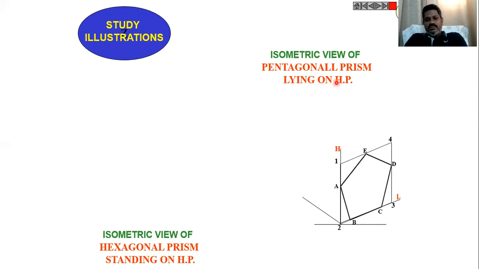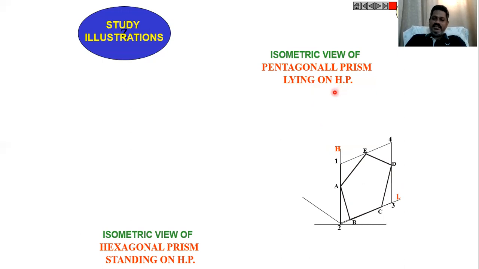Now for this figure, isometric view of pentagonal prism lying on HP. So to draw the isometric view of pentagonal prism, first we have to construct a pentagon in front view. Okay. To construct the pentagonal prism lying on HP, one side lying on HP, that is the case.